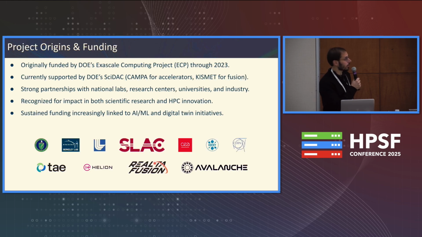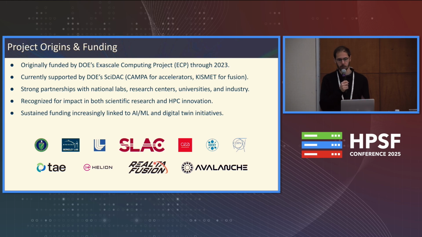So originally it was funded by the Department of Energy's Exascale Computing Project up until the end of 2023. And it's currently primarily funded by the SciDAC projects of DOE, so 2 of them, one for accelerator physics, one for fusion. We have very strong partnerships with national laboratories such as Lawrence Livermore and the Stanford Linear Accelerator Center. We have partnerships with research centers like CEA, DESY, the synchrotron in Germany, and CERN, as well as universities and industry.